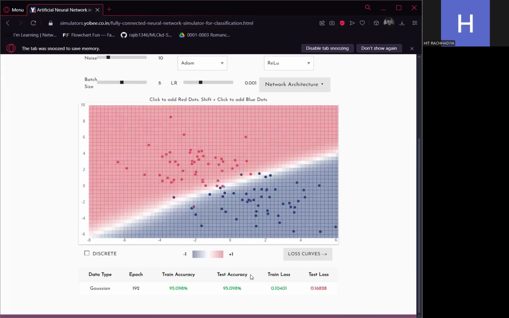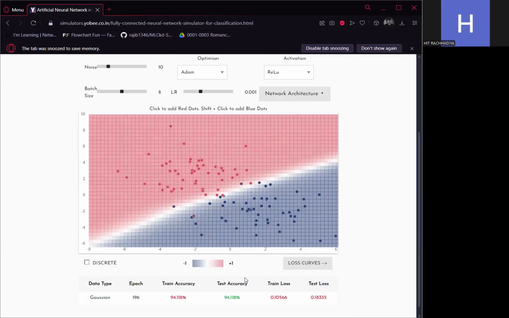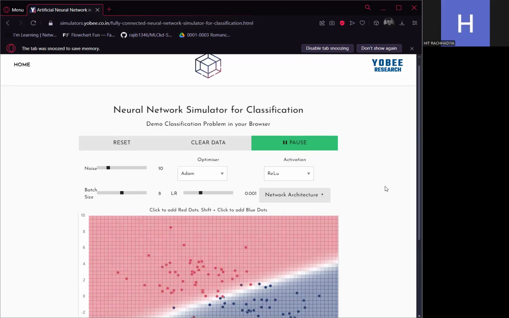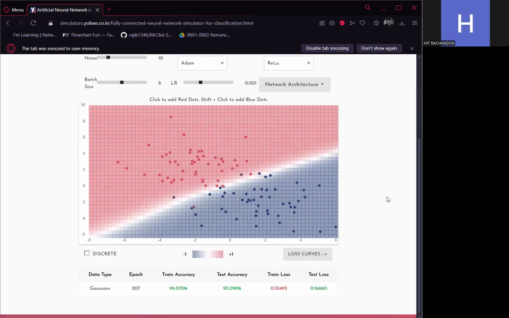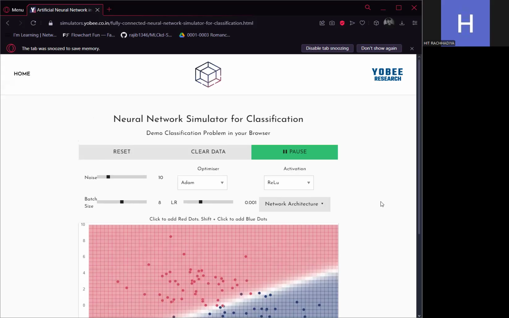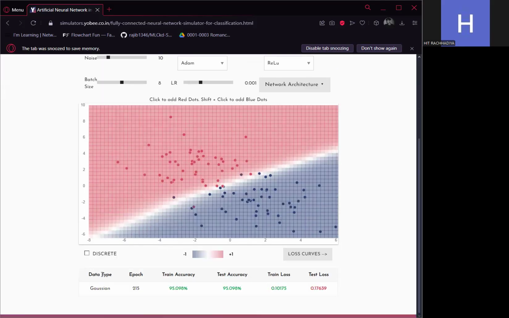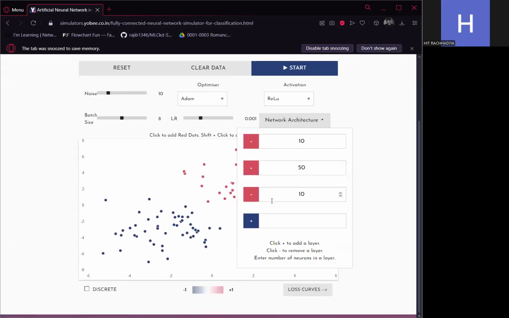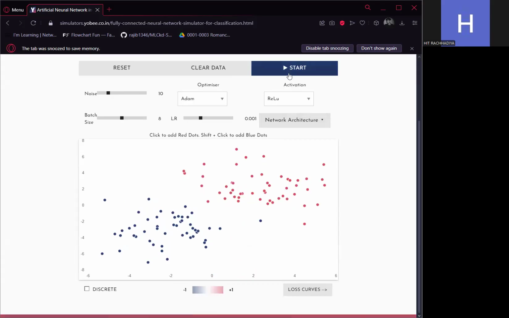This will take more time, and I can't show it in the video because the video would get much longer. So you can simulate them and check how many epochs are performed and what the accuracy and losses are. We can also see this for different types of classification.